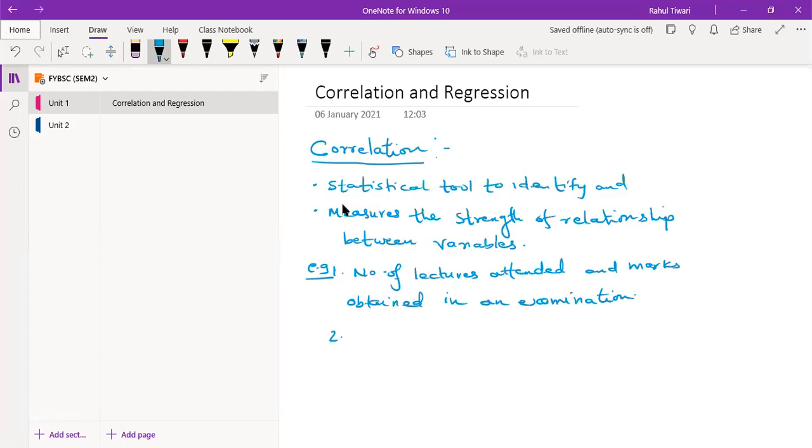I'm just giving a few more examples where you can understand. Is there a relationship between cholesterol level and oil intake, or age and duration of exercise?